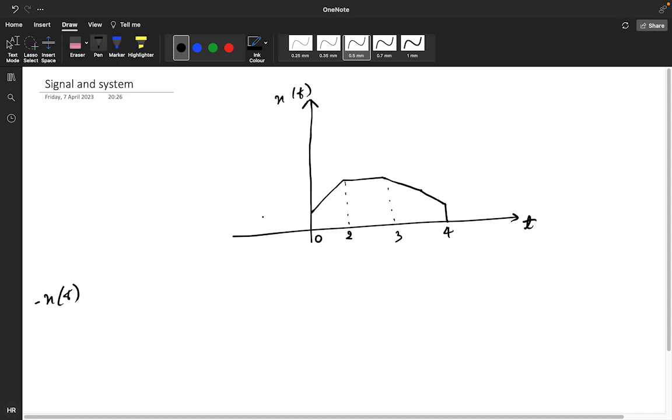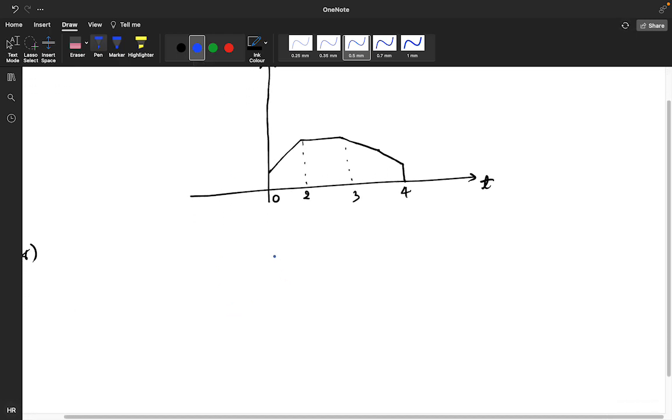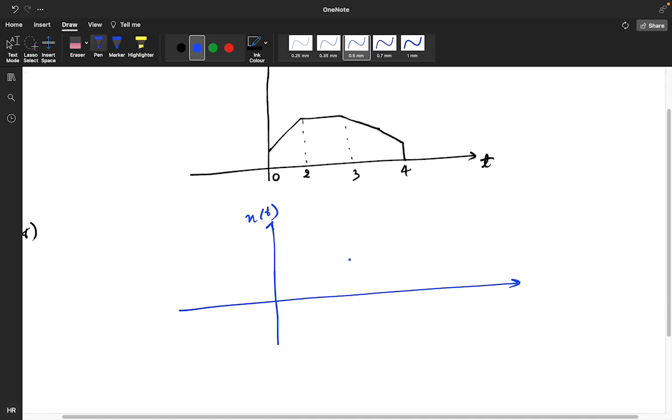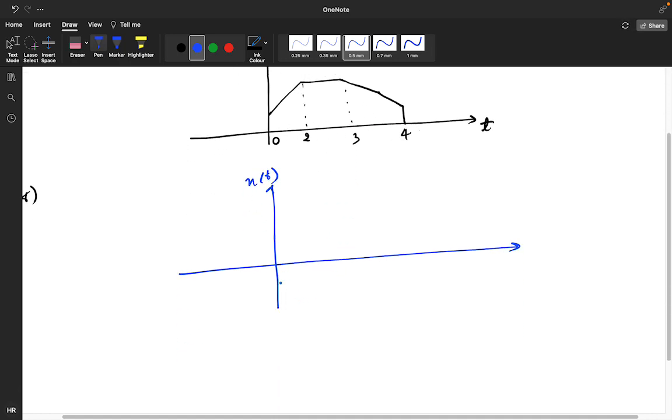So what new signal will come? Minus x of t. This will get reversed along your x-axis, so it will become like this.